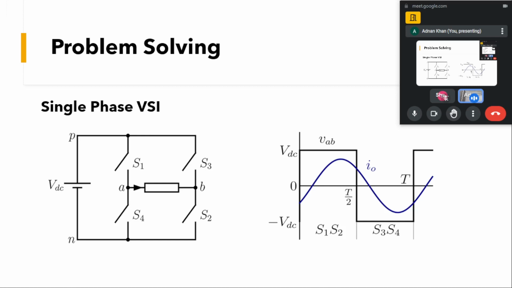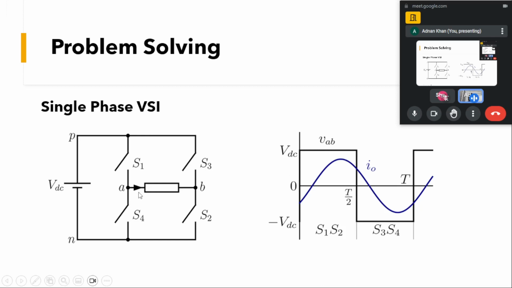Let us say this load is resistive. When this load is resistive, the current will be similar to that of the voltage. That current will be positive when the voltage is plus VDC, and negative otherwise. That will be having a positive amplitude and a negative amplitude.